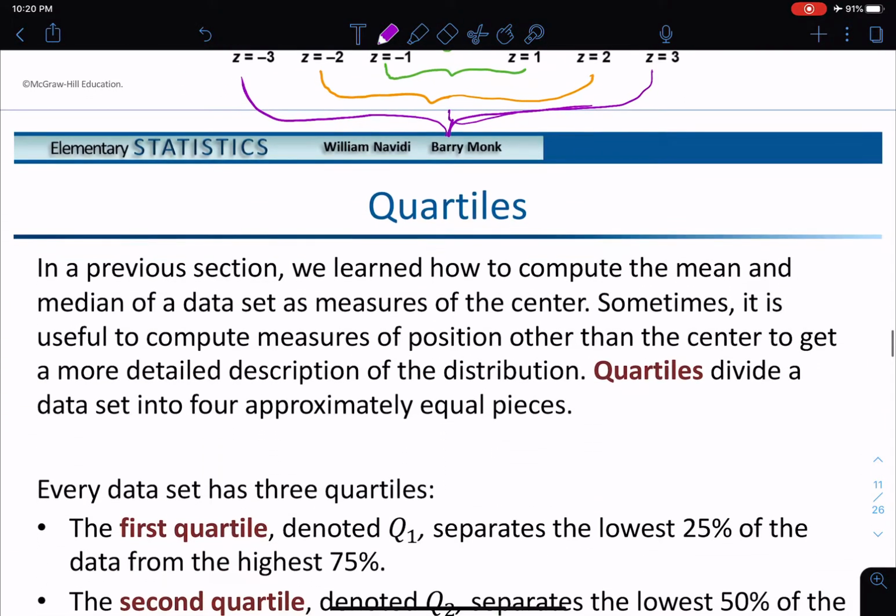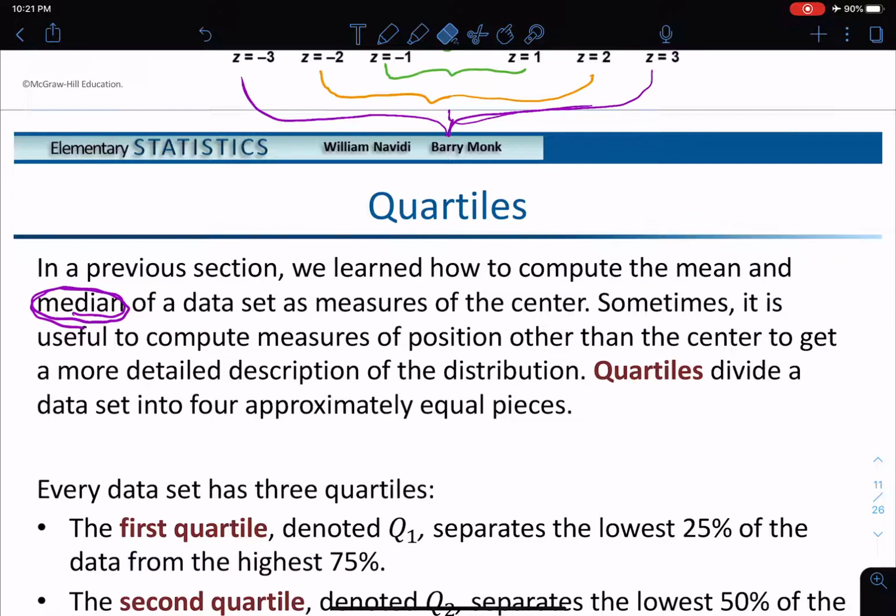Quartiles. Okay, so in previous sections, we learned how to compute the mean and the median. When we're talking about quartiles, they are in the realm of the median. We think of the mean and median of a data set as measures of the center.